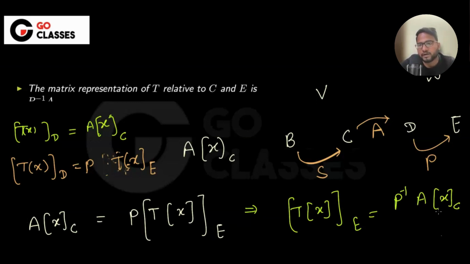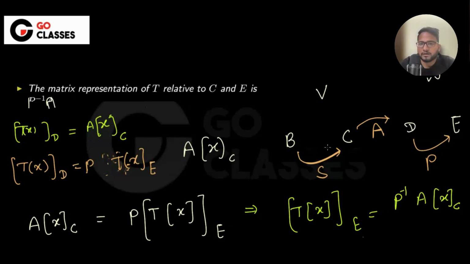So you're taking X in C, and then if you multiply by A followed by P inverse, you're getting the transformed vector of X in E, right? Yes, sir, that's what they're saying. So P inverse A is the matrix representation of T relative to C and E. Input should be in C and the output should be in E.